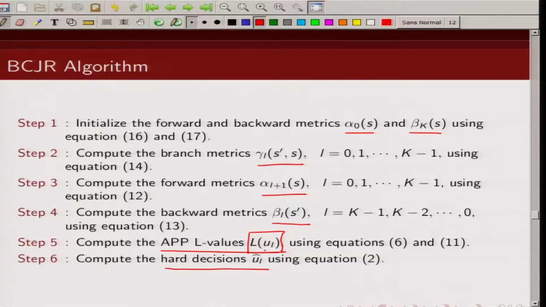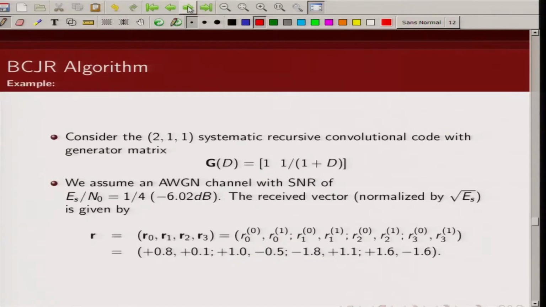Okay, let us now show the same using an example. We are going to consider an example to illustrate how we can do BCJR decoding. We are considering a rate 1/2 convolutional code with memory 1, whose generator matrix is given by this.